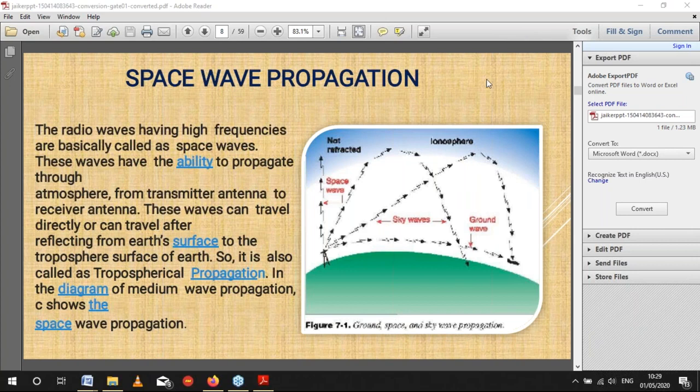These waves have the ability to propagate through the atmosphere, to move through the atmosphere from the transmitter antenna to the receiver antenna. So they have the ability to travel through the atmosphere.